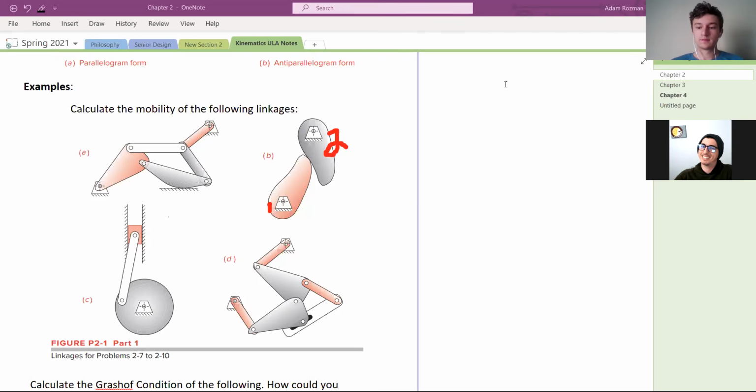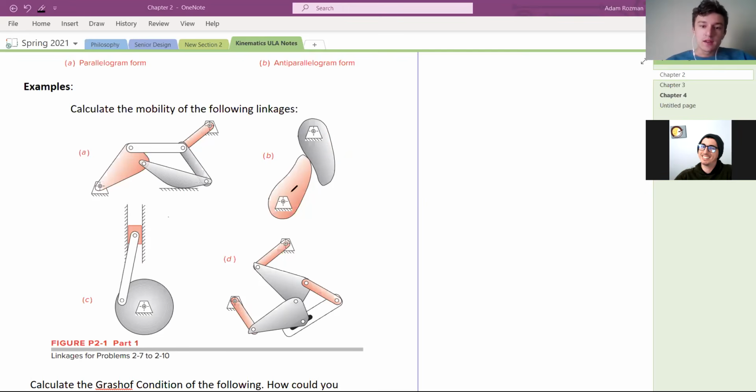Well, in this case, Stone is right. You just count the ground as one link. In one of the equations, you measure the number of grounds, but the Kutzbach kind of simplifies that.